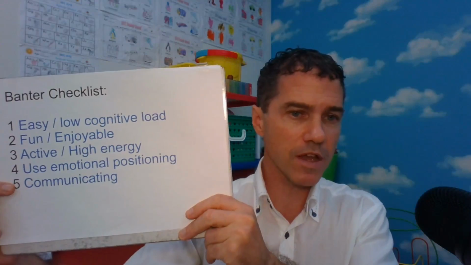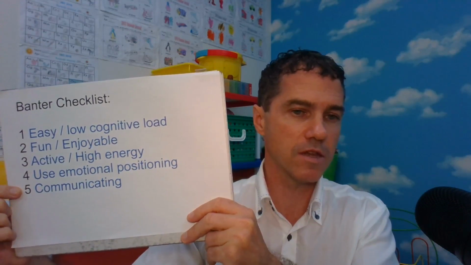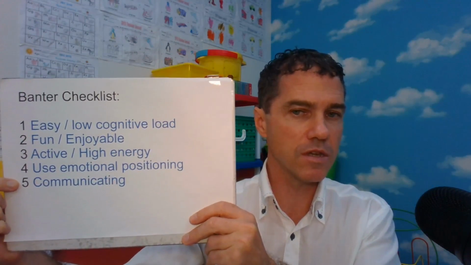And I guess the last thing that's on my checklist, my banter checklist, is that I want to be genuinely communicating with the kids. And I think this probably doesn't get enough talk in EFL circles. I think many people have this mechanical idea of English where we ask a question and the kids are supposed to say an answer.